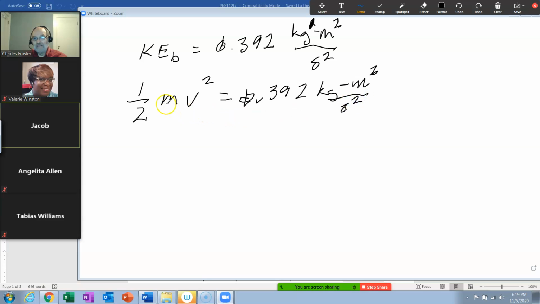Okay. Now, we want to know what the velocity is at the bottom. So the first thing we're going to do is multiply both sides by 2.